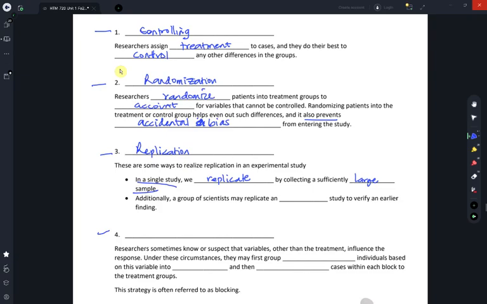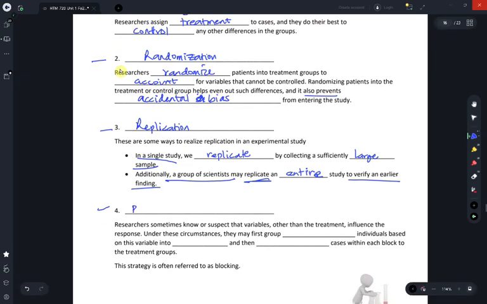Then additionally, a group of scientists may want to replicate an earlier study to verify if the results are true. Let me put it this way: to replicate an entire study to verify an earlier finding.